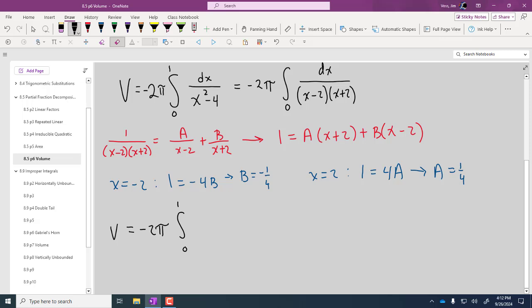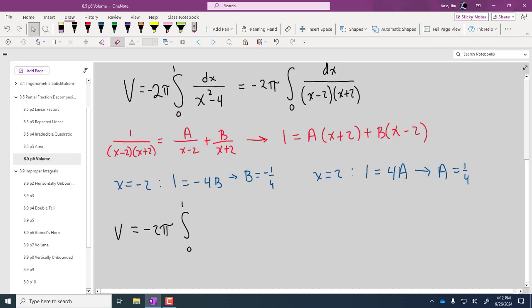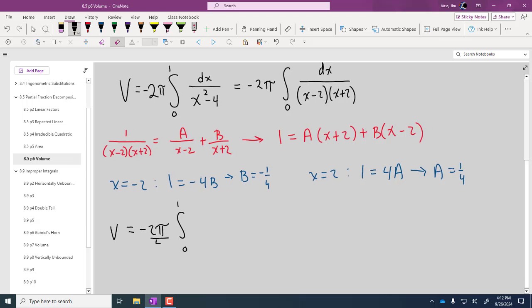Nothing's changed yet. All we're doing is rewriting the inside here. Let's factor out the 1/4. That 1/4 is going to factor out with a 4 in the denominator. So a is 1 over x minus 2, but then b is negative, so it's -1 over x plus 2. I factored out the 1/4.